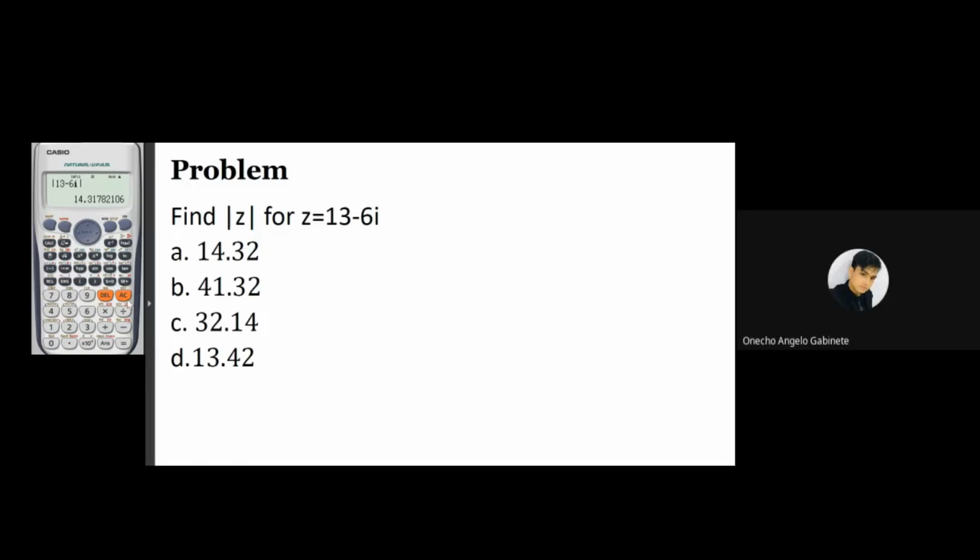Absolute value is above the hyperbolic button, ABS in yellow text. Press shift and then the hyp button, then enter 13 minus 6i. So square root of 205, or press S to D to get the decimal, 14.32.